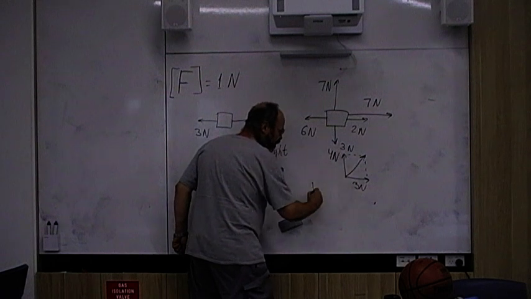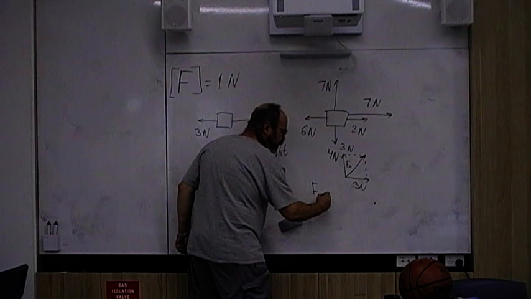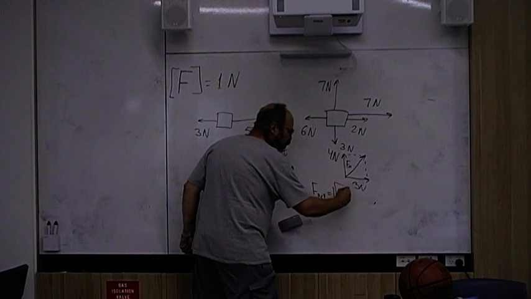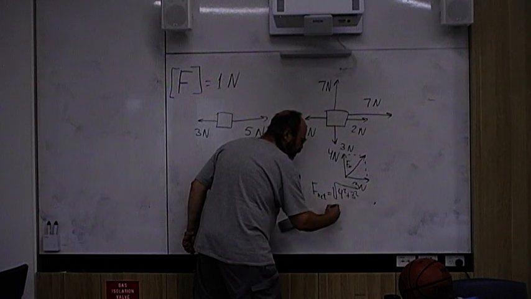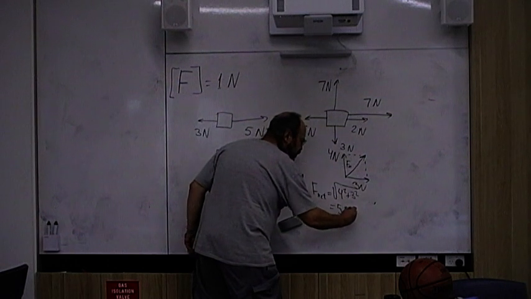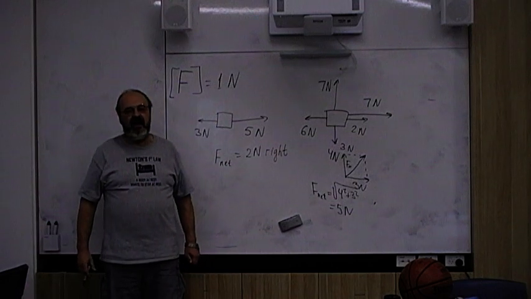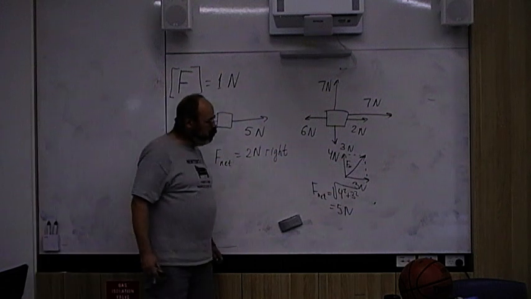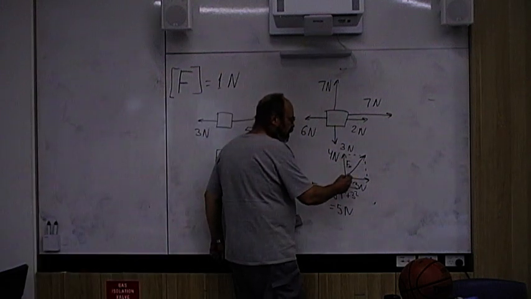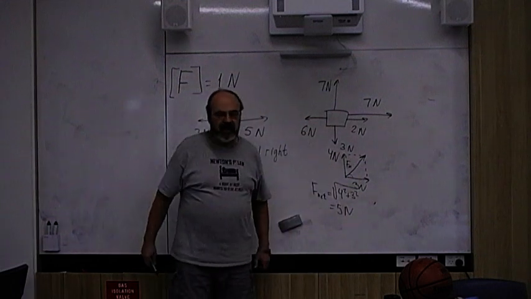F net equals the square root of 4 squared plus 3 squared, which equals 5 newtons. At this stage you're not required to identify the angle, just say the direction. It's not required to identify the angle, but we can do it using basic trigonometry.